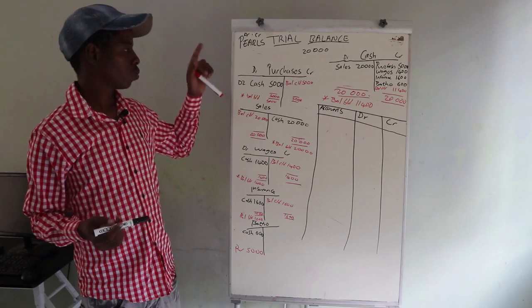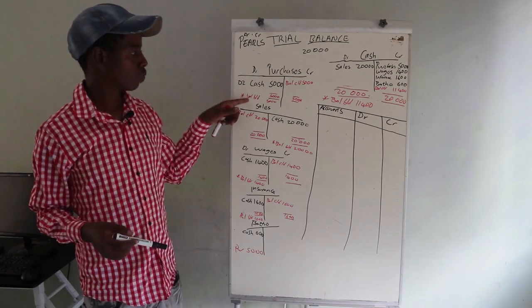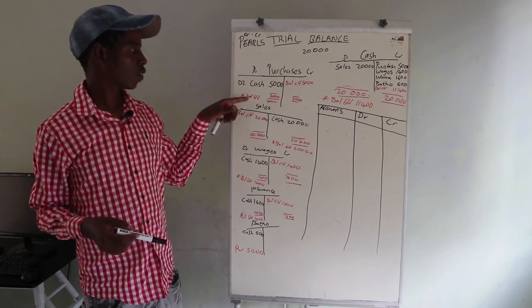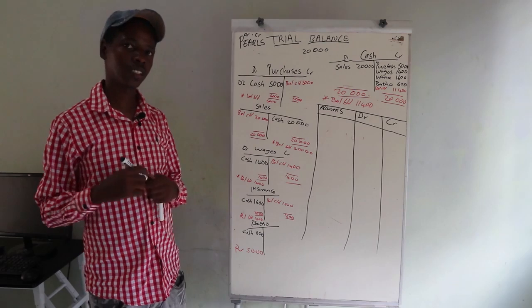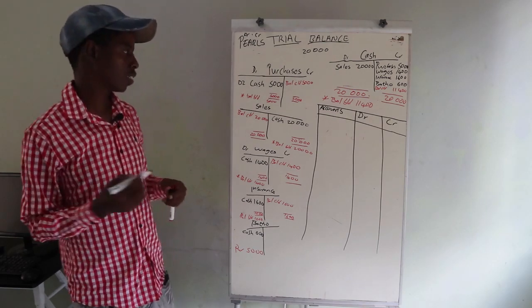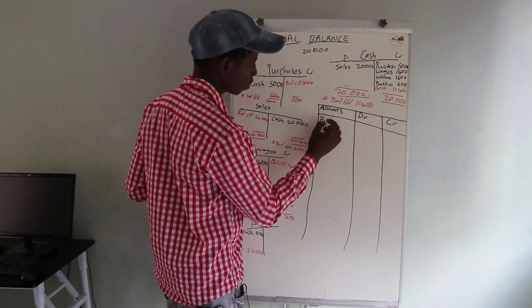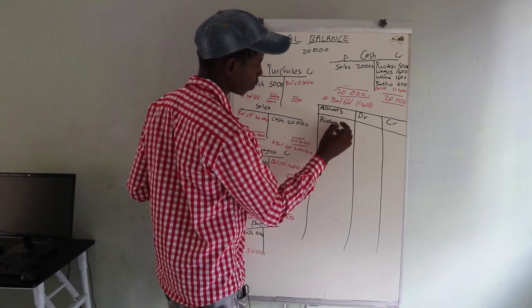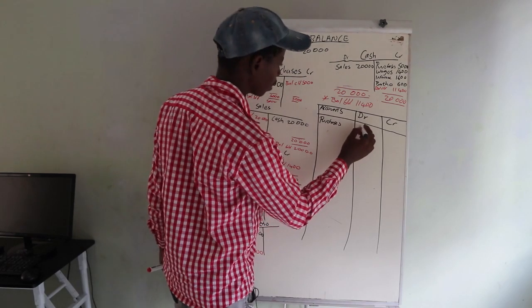So we're going to look at purchases, right? We've got balance brought down on our left. It means that it is a debit, right? So write purchases. So it's a debit, right? 5,000.